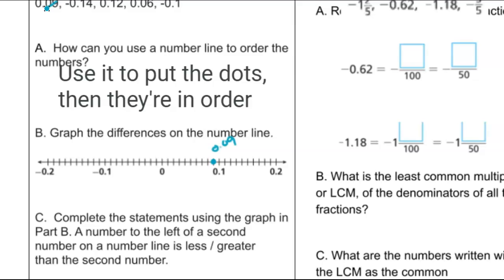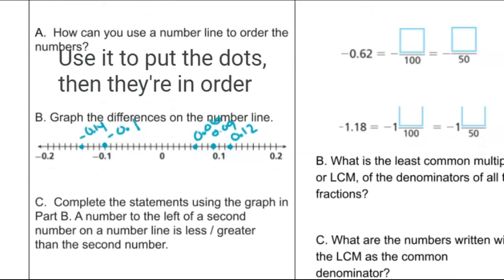So 1, 2, 3, 4, 5, 6, 7, 8, 9, 10, 11, 12, 13, 14. Negative 0.14. The next one's positive 0.12, I'm sorry. And then positive 0.06. So 1, 2, 3, 4, 5, 6. And negative 0.1. I got them all.